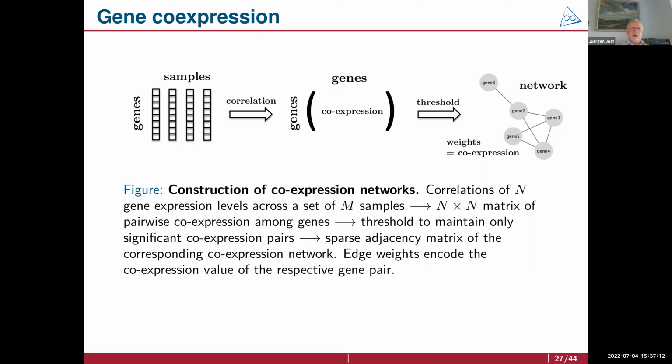And so then for every pair of genes, you compute the co-expression, and then you have a matrix. And then you construct a network out of that, where the genes are the nodes, and two genes are linked by an edge whenever their co-expression is above a certain threshold. Or you could have a weighted network where the weight of an edge is equal to the co-expression. So then we have a network.